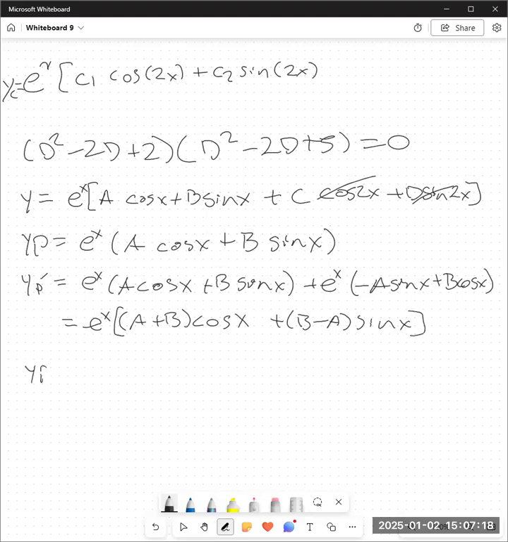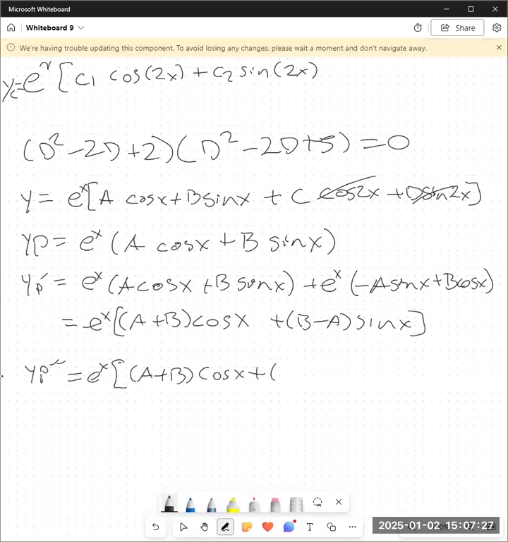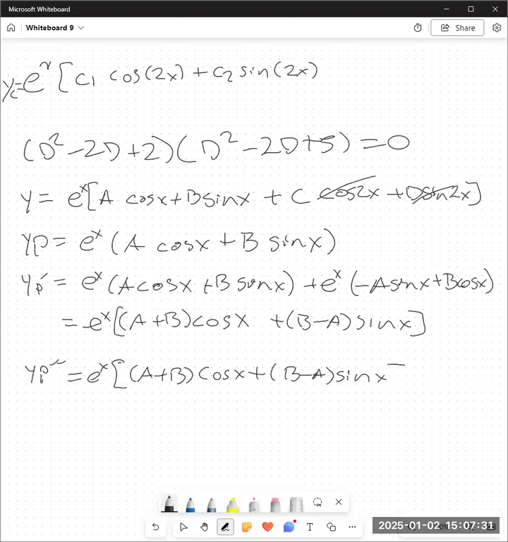So yp double prime is e to the x times a plus b cosine of x plus b minus a sine of x, plus e to the x times negative a minus b sine of x plus b minus a cosine of x.